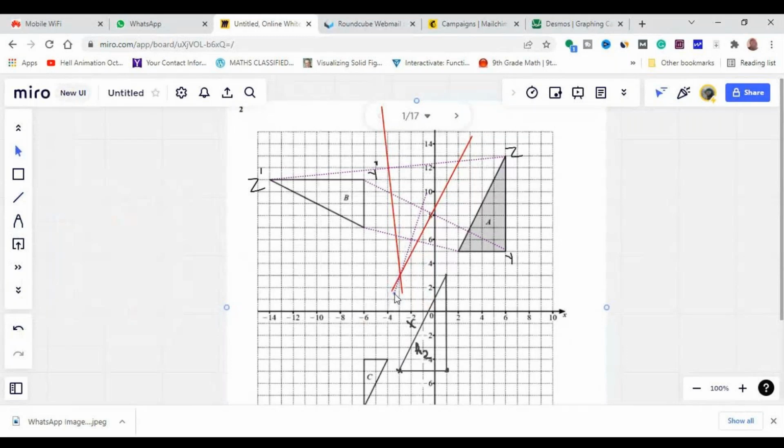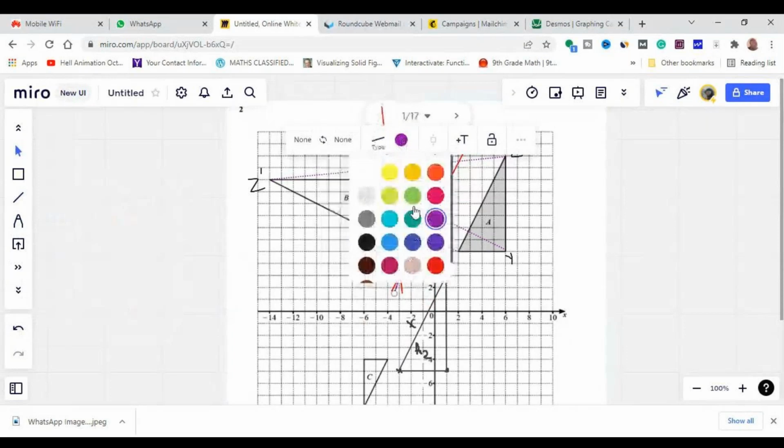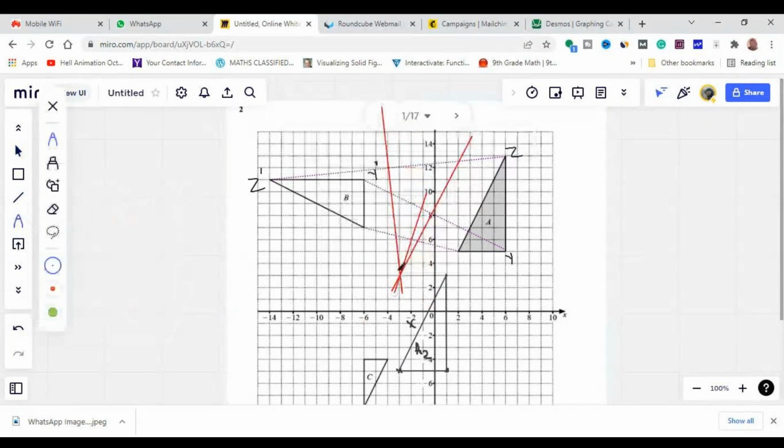Are you getting me? This is it. That is your center of rotation. Got it. So the center of rotation is minus 3, 3.